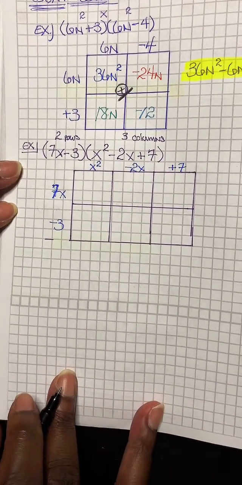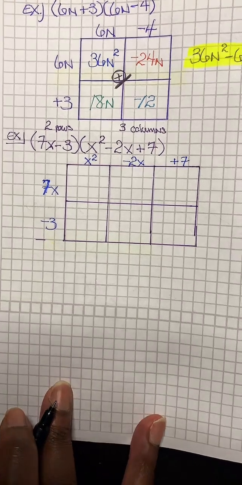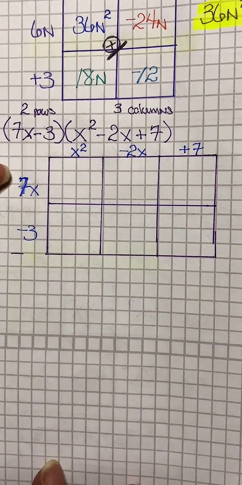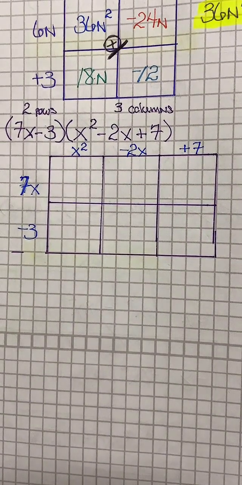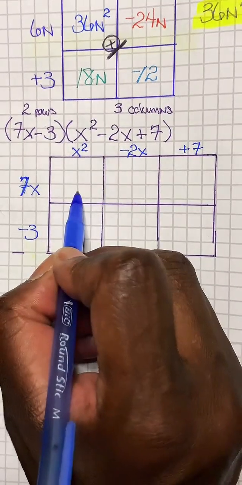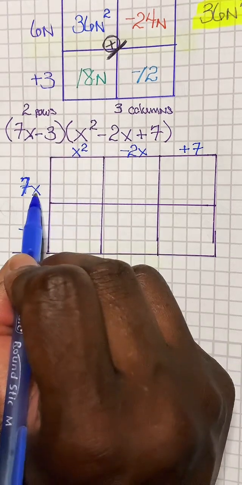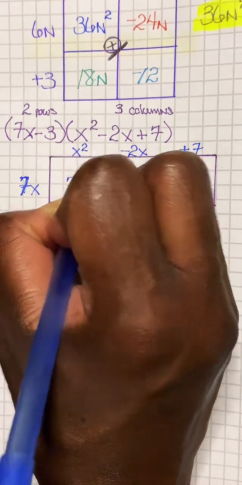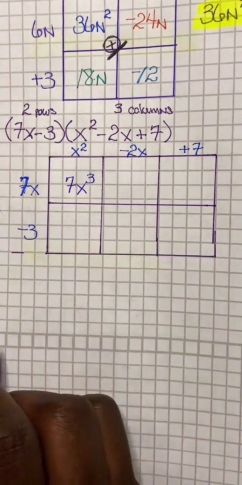All right, so we want to fill the boxes. To fill the boxes, we're going to multiply. So to fill this box, we have x squared times 7x. So that gives us a 7x cubed.